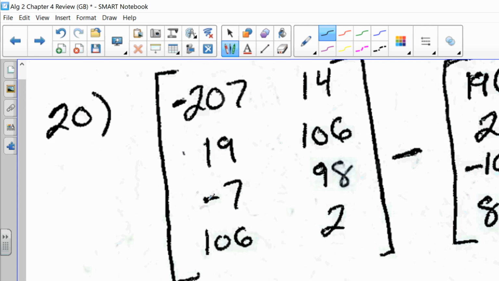Negative 7 minus 107 is 100. 98 minus 29 is 9,369. 106 minus 86 is 20. And 2 minus 107 is negative 105.